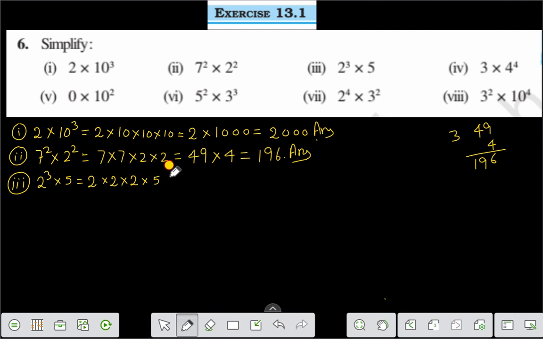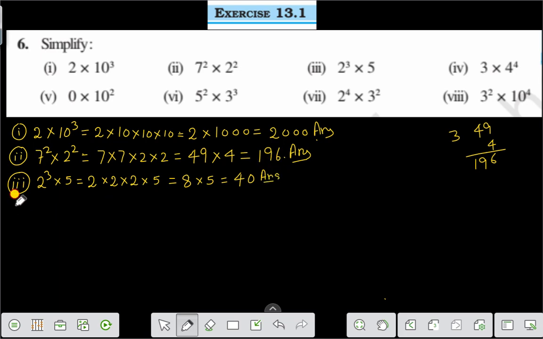That can be multiplied as 2 twos are 4, 4 twos are 8, 8 into 5, and 5 eights are 40. The answer is 40. This is the answer of question number 3.